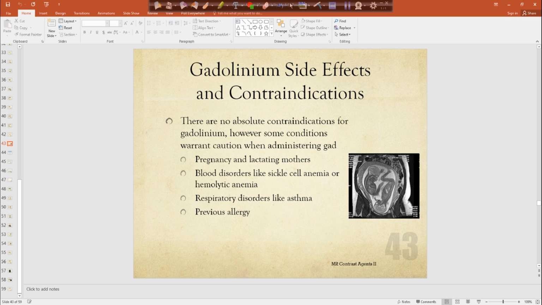Blood disorders like sickle cell anemia, any respiratory disorders like asthma, any previous allergies. So these are things to be cautious of.